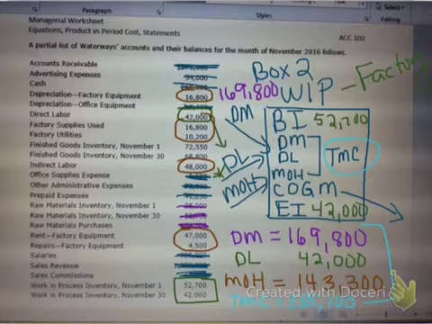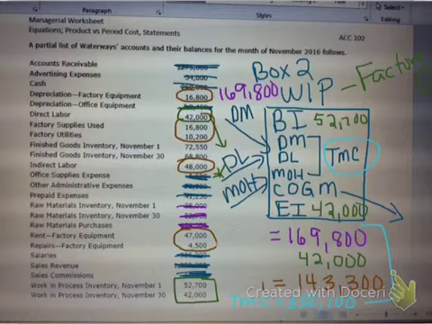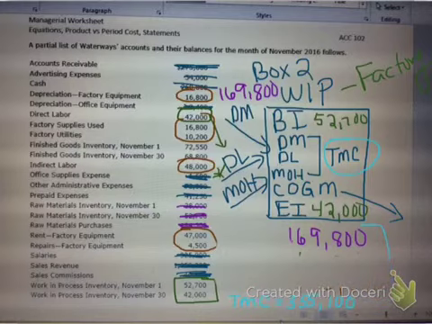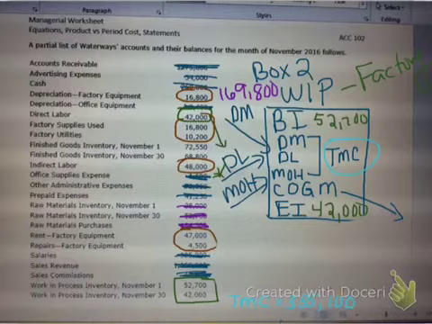And the reason I say that is because you're going to use that total manufacturing cost in figuring out what your cost of goods manufactured is. Because with cost of goods manufactured, you have to use the equations that we're looking at here.